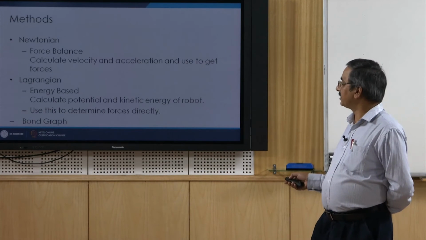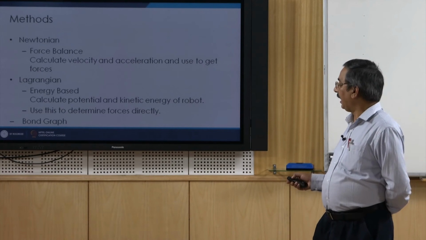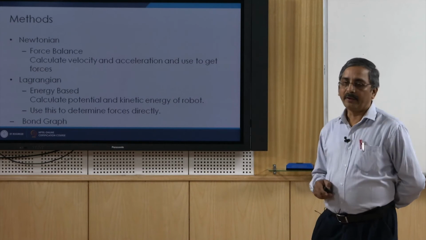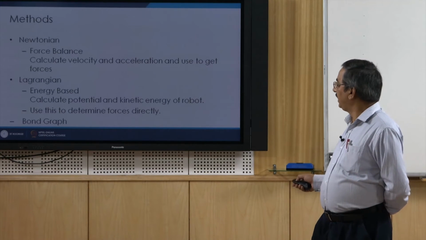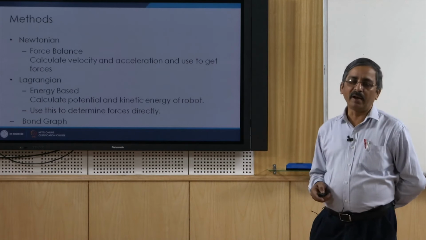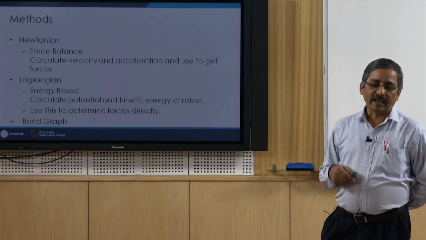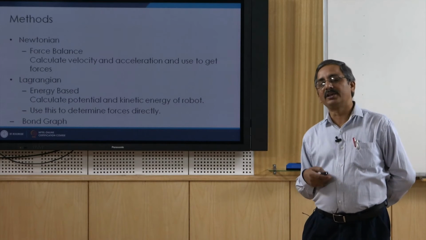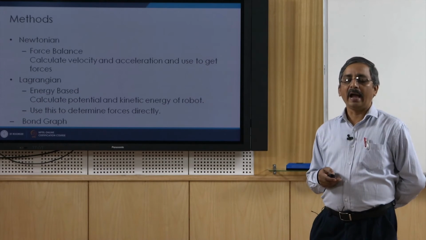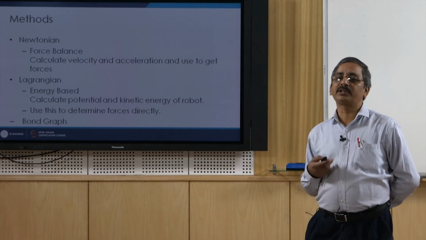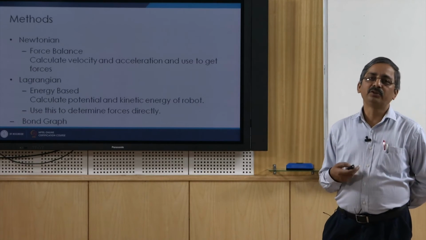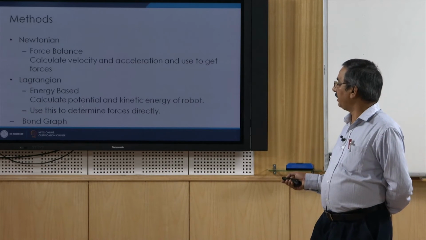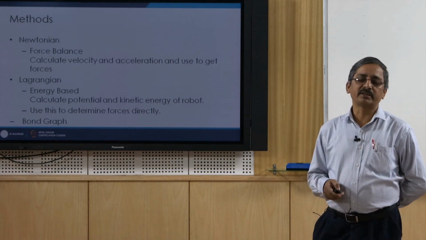This method is energy based and it calculates the potential and kinetic energy of the robot. These kinetic and potential energy terms can be used to calculate the Lagrangian, which is nothing but kinetic energy minus potential energy, and when this Lagrangian is substituted in the Lagrange equation, you get the joint torques or the joint forces. And from here we can determine these torques and forces directly.